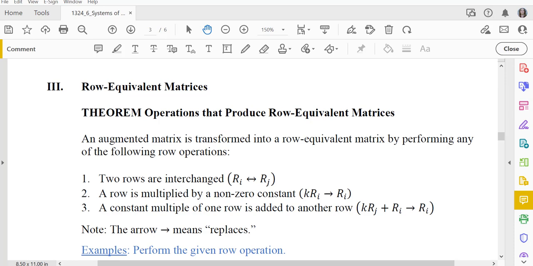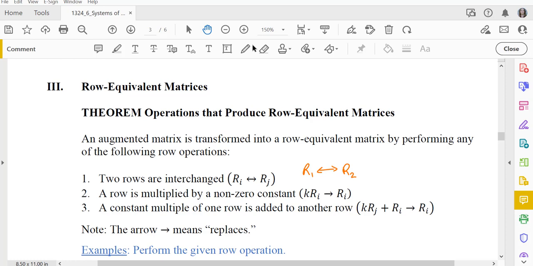You can swap any two rows. So two rows are interchanged. Something that you might see would be like row 1 is swapped with row 2. So you can swap rows. The second thing you can do to produce a row equivalent matrix, a row is multiplied by a non-zero constant.